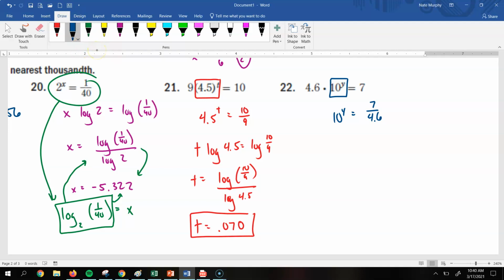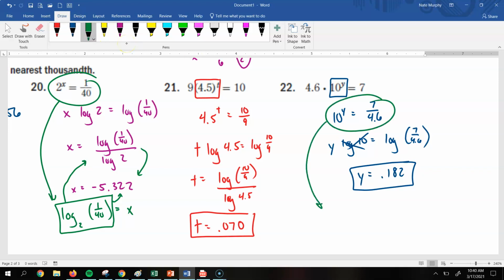When I take the log of both sides, we'd have the y times the log of 10 equals the log of 7 divided by 4.6. Well, the log of 10 is just 1. That's one of those you should know. So now all I have to do is take the log of 7 divided by 4.6, and when you do that, you get your value for y is approximately 0.182 is your answer.